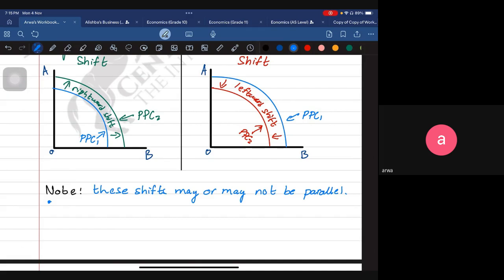No problem. A shift is parallel when, because these shifts are because of changes in the quantity and quality of factors of production.